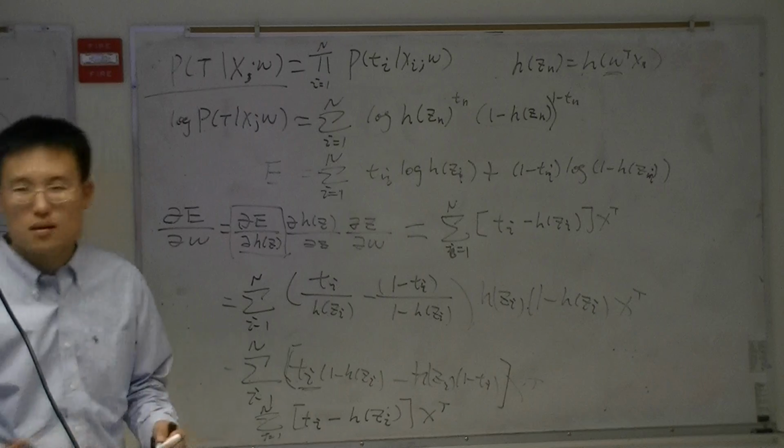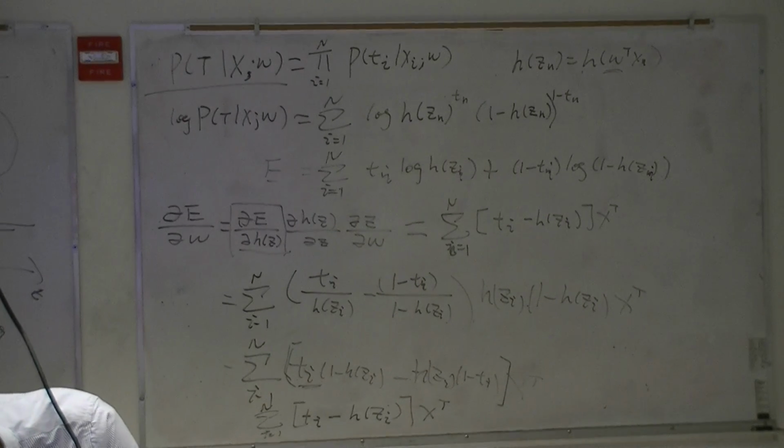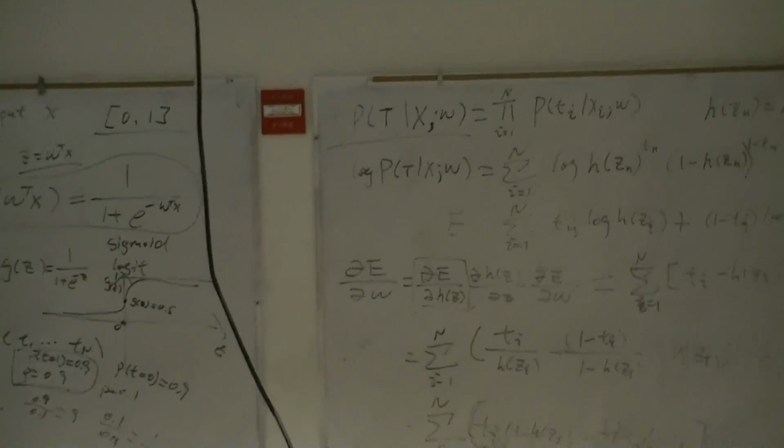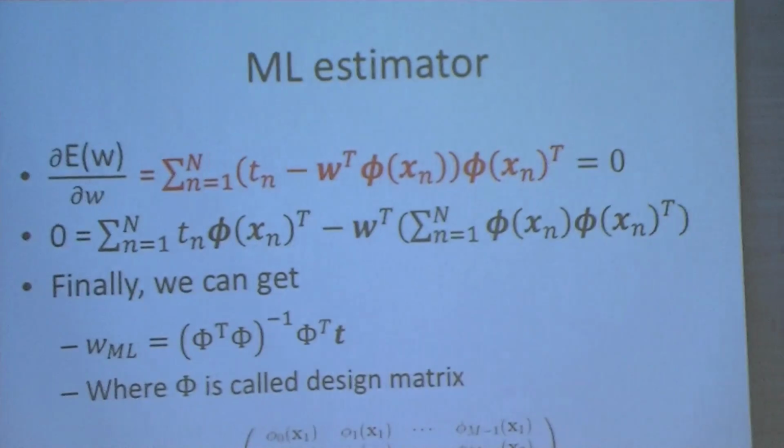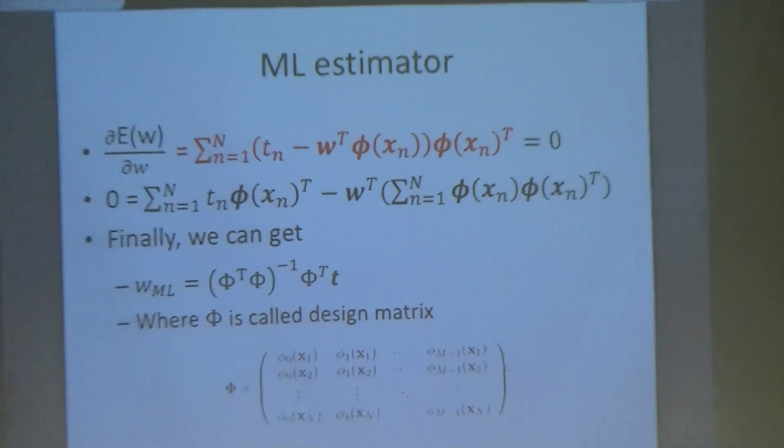And if you take a look at the solution here, this is the solution of a Gaussian distribution. It is also known as the least squares. We can see they are quite similar.